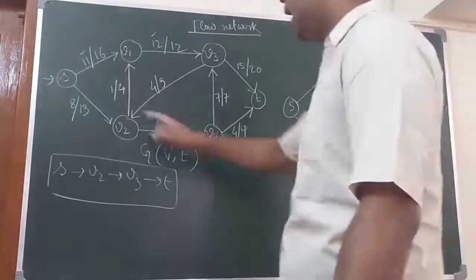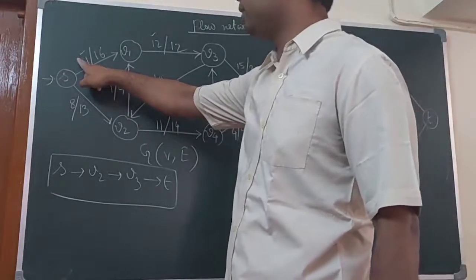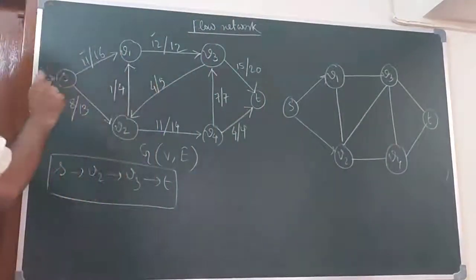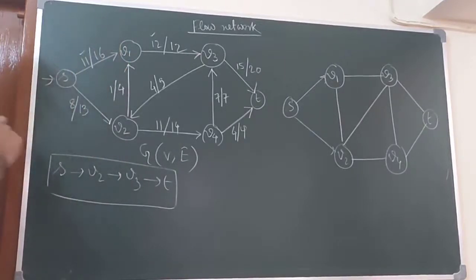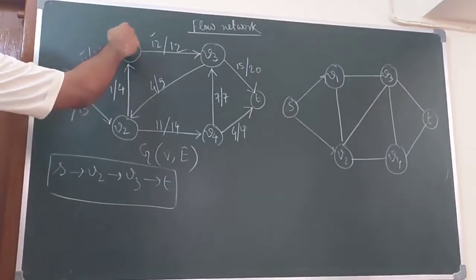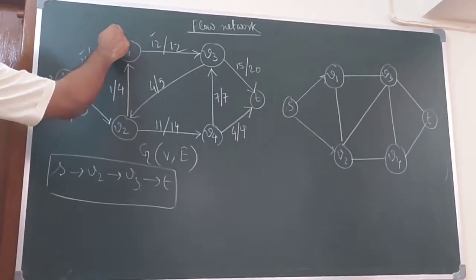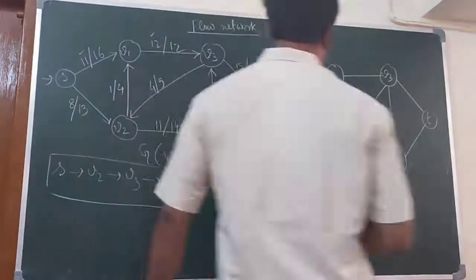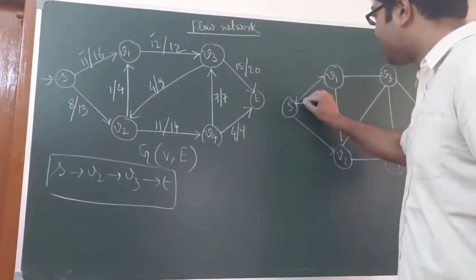Here S to V1, the amount transmitted is 11. Now if 11 amount of material is transmitted from S to V1, this is equivalent to flowing 11 from V1 to S, and then we can increase by an amount 5.